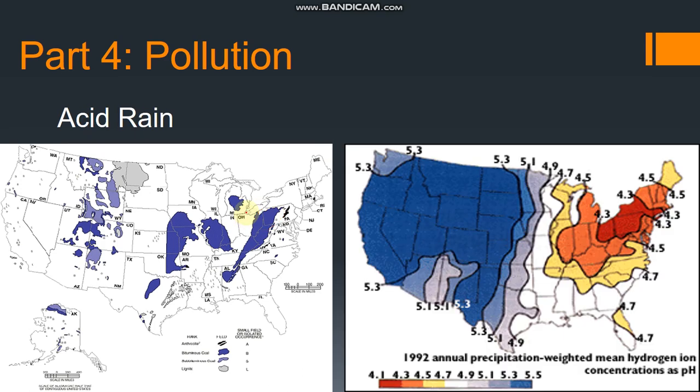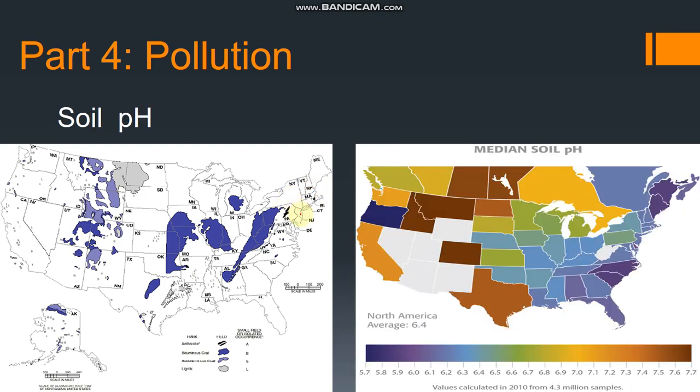We also talked about how burning coal is related to acid rain. The CO2, the SO2, and the NOx's that come out of coal burning power plants react with moisture in the atmosphere. This map just shows the acid rain in terms of pH and how that correlates with where coal's found. What about soil pH?